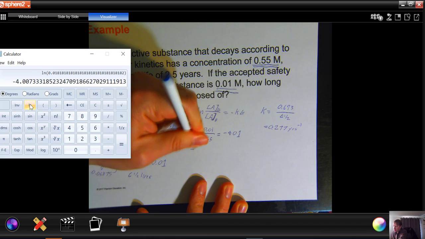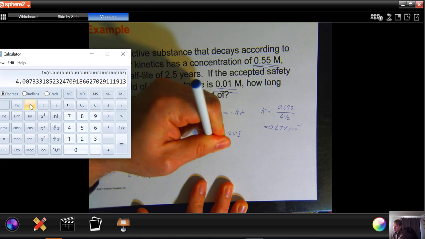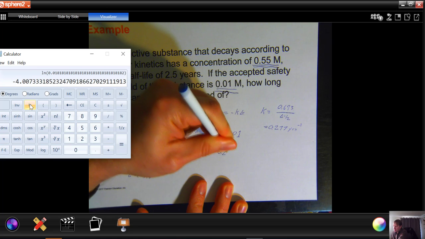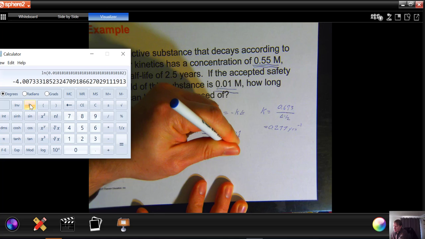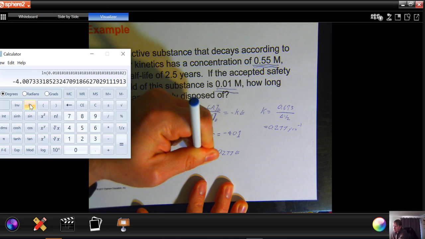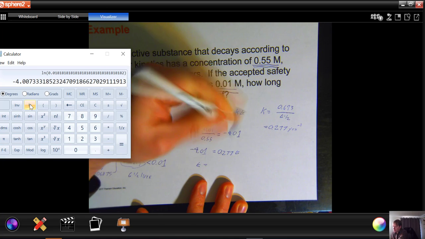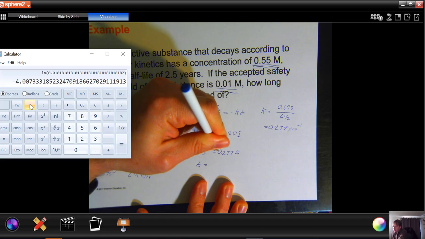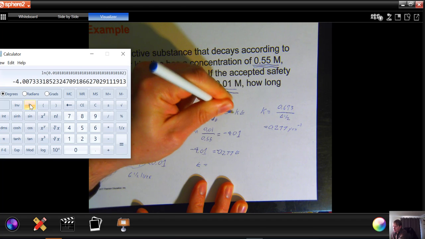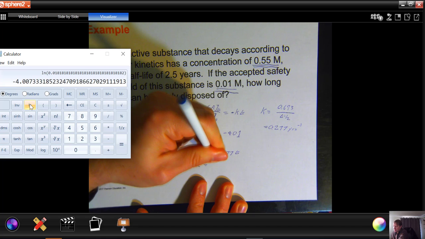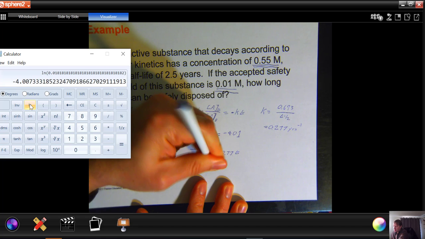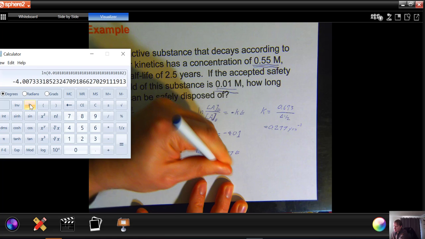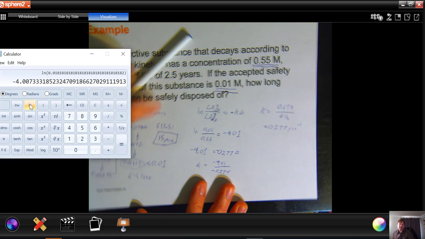So we can say negative 4.01 is equal to 0.277 times t. So t would be, and there's a negative sign there, right? So I need to put that negative sign in. So t is equal to negative 4.01 divided by negative 0.277. Okay, so let's go ahead and do that.